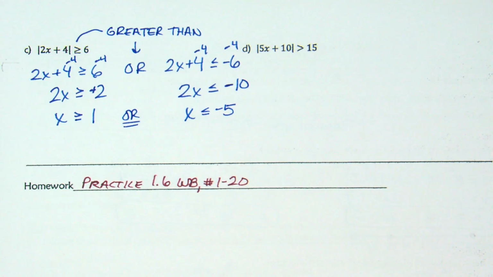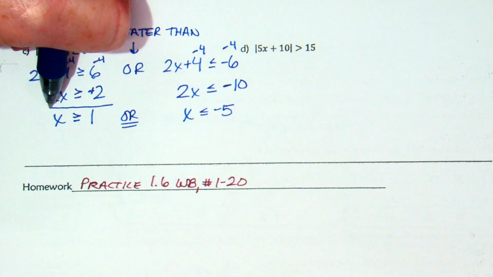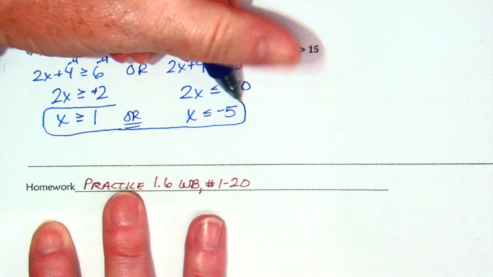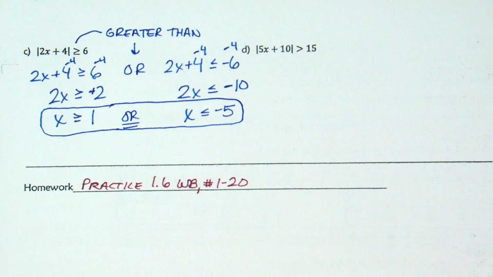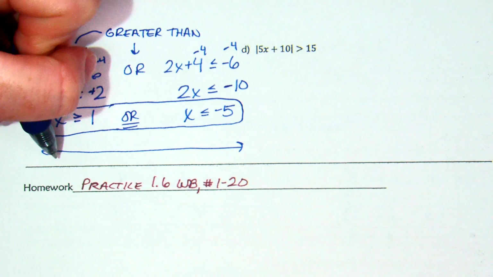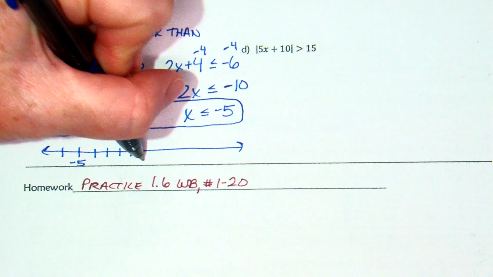Do I put these together in one compound inequality? No, it's an or. When it's an or statement, the best you can do is write the two separate inequalities with the word or between them. And let's graph it. X greater than or equal to 1.